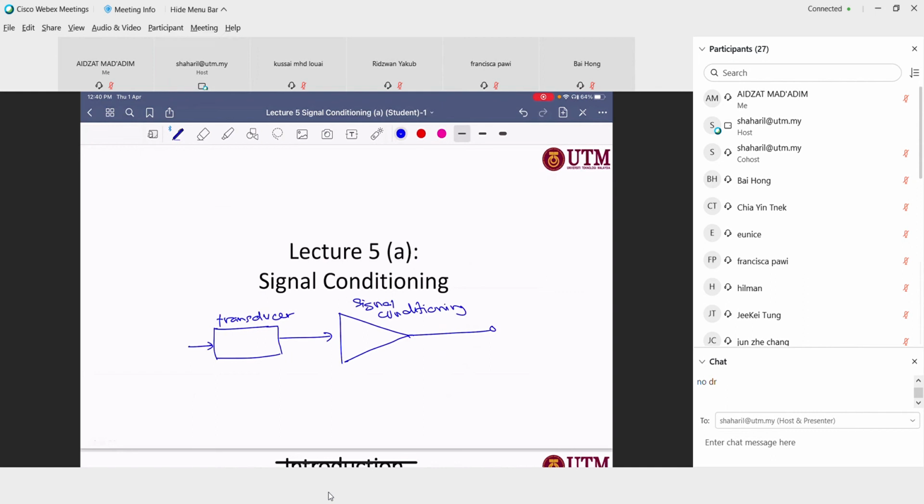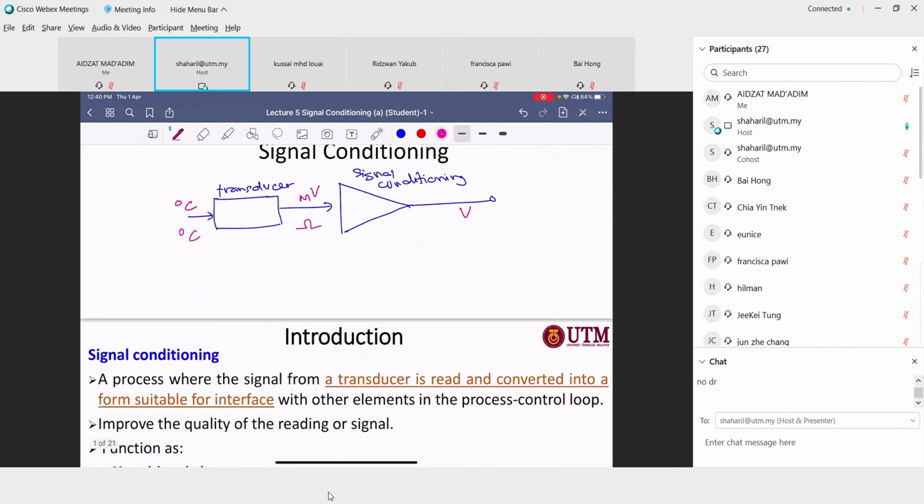So that means the transducer maybe detects temperature, and the output will be millivolts, and then this one you will amplify it. Or some transducers also detect temperature and produce the output in terms of resistance, and then you need to have the signal conditioning to convert it to voltage.